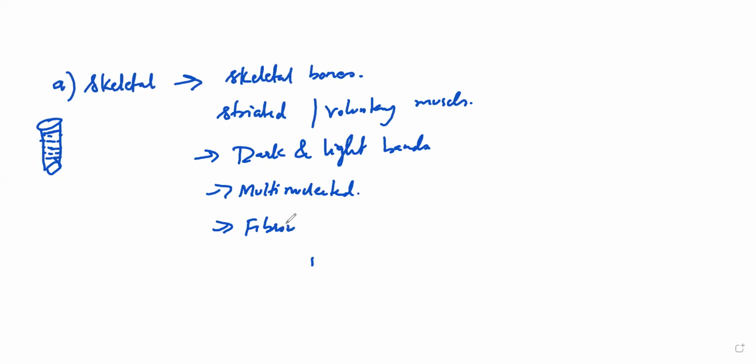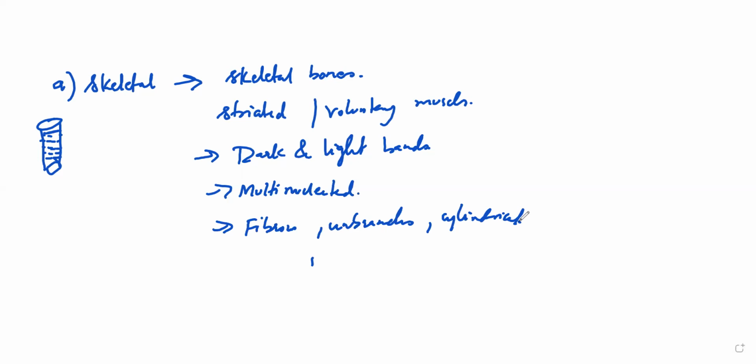Fibrous, unbranched, and the shape will be cylindrical. Okay, like in the biceps and all those things. You will find this skeletal muscle which is present. So these are the features of the skeletal striated or voluntary muscles.